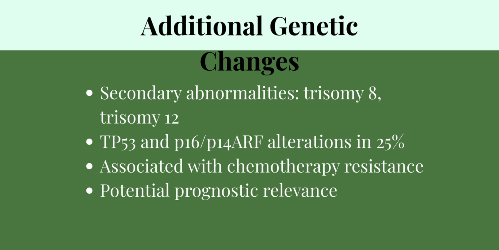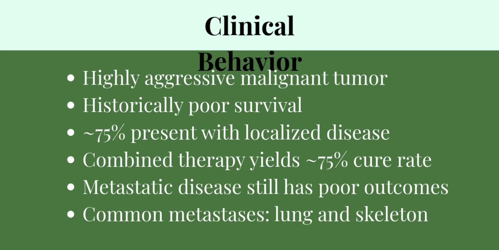Alterations in TP53 and p16 are detected in a subset of tumors and correlate with aggressive clinical behavior and resistance to therapy. Historically, the prognosis for Ewing sarcoma was very poor.